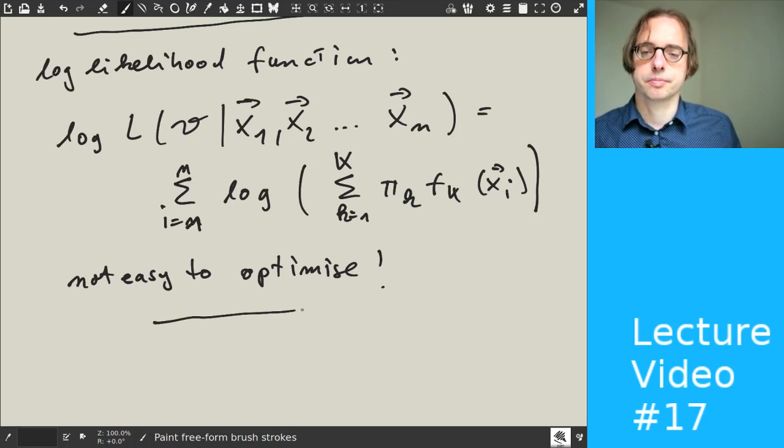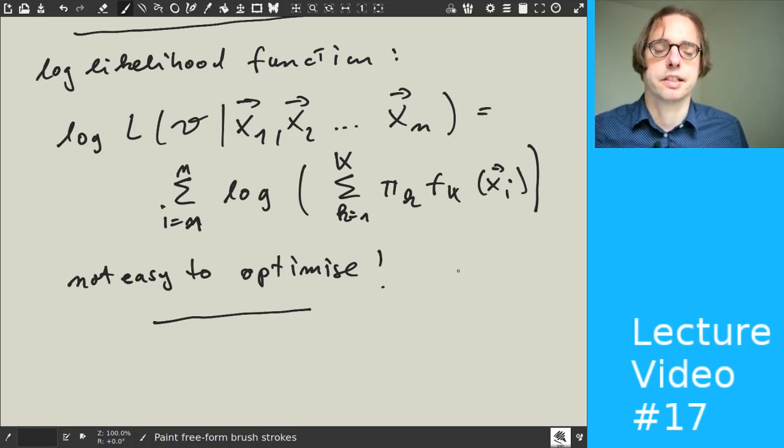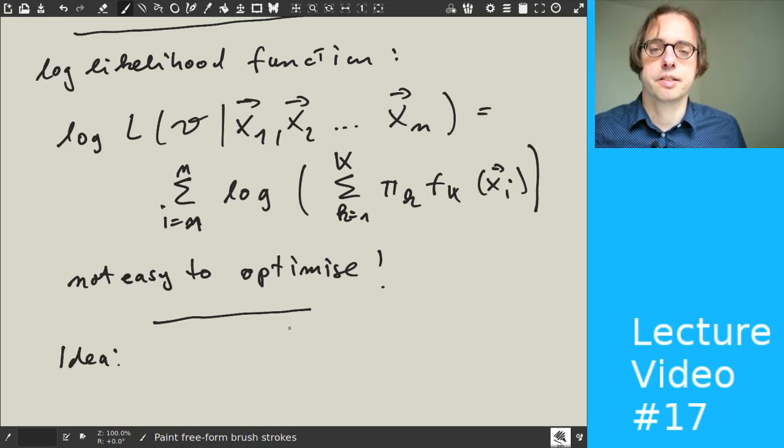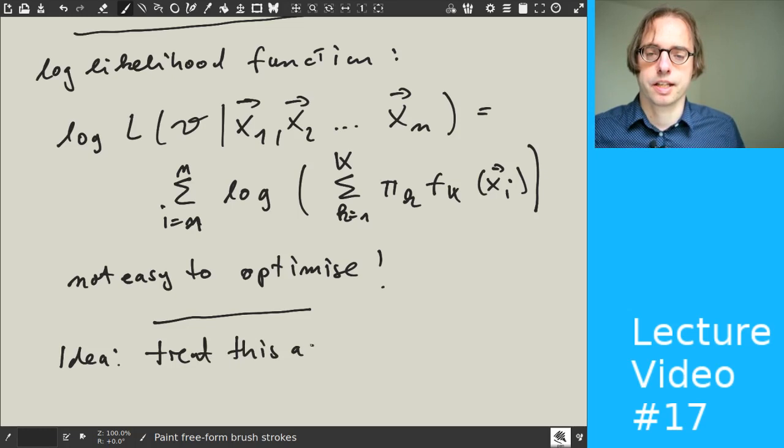There is an insight that comes from the latent allocation variable formulation of the mixture model. The idea is now to treat this fitting of a mixture model problem as a missing value problem, and the question is what is missing.